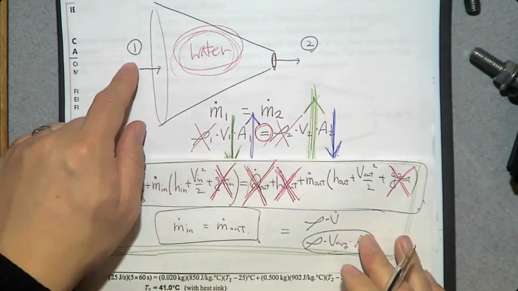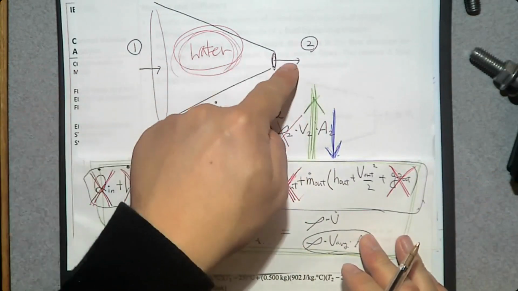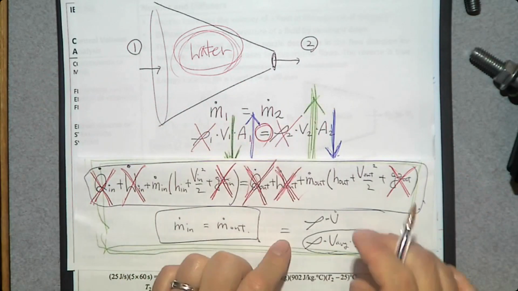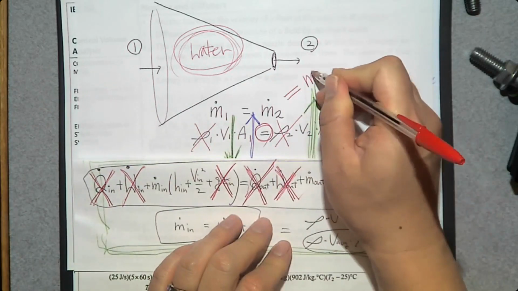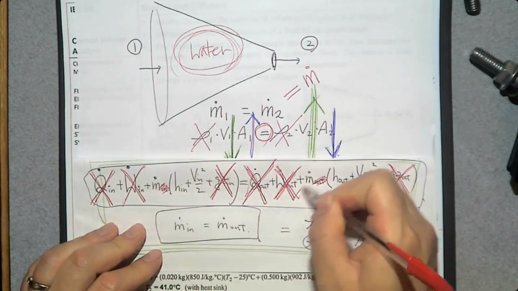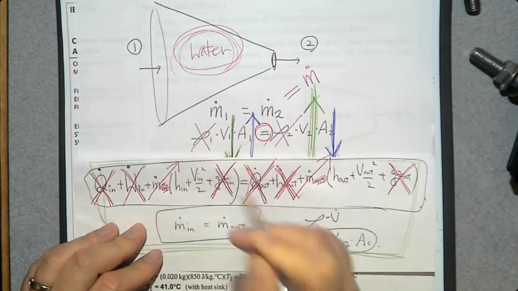How many inlets and how many exits? Just one inlet, one exit. So according to the mass balance equation, m dot at the inlet should be the same as m dot at the exit. We can just say m dot, m dot, m dot. So you can cross them out.